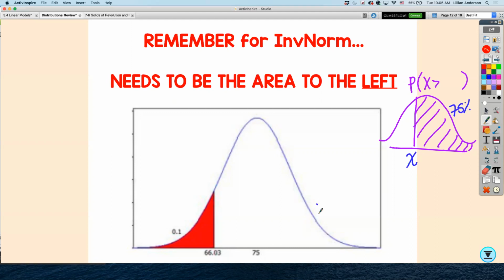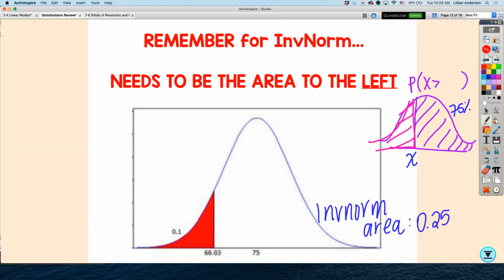When I go into inverse norm, what am I going to put down for area to represent this situation? 25%? It'll only be 25% because the calculator can only do the area that's to the left of that particular X value. And then your mean and standard deviation will be whatever it is.